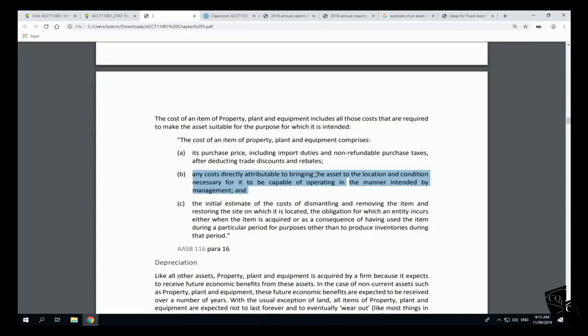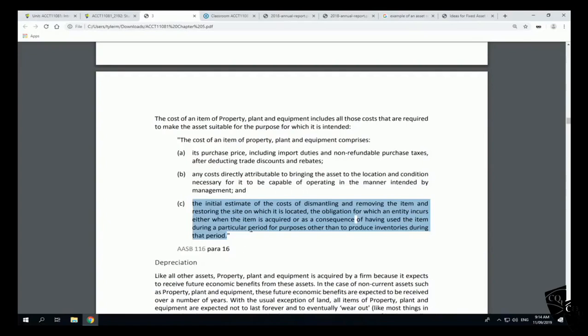So anything to bring the asset in and make it ready for use, as well as, and this is often overlooked, the initial estimate of the costs of dismantling and removing the item and restoring the site on which it is located, the obligation for which an entity incurs either when the item is acquired or as a consequence of having used the item during a particular period for purposes other than to produce inventories during the period.